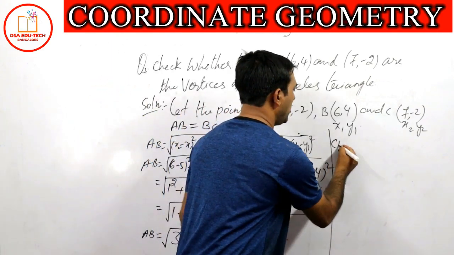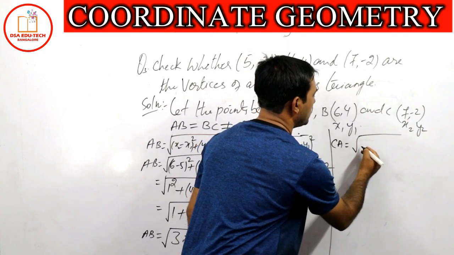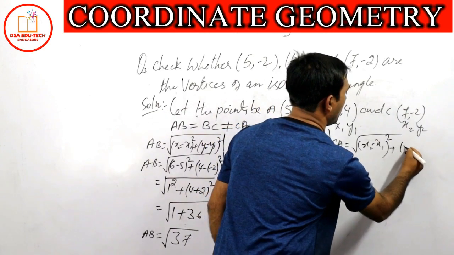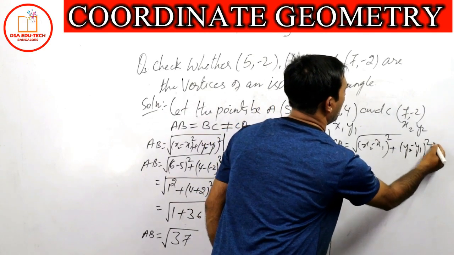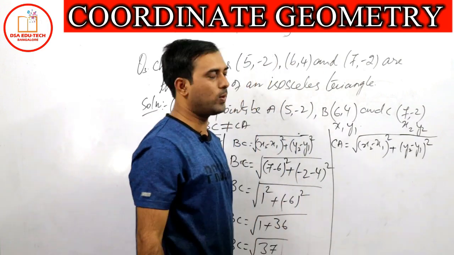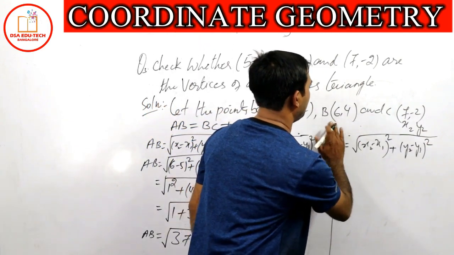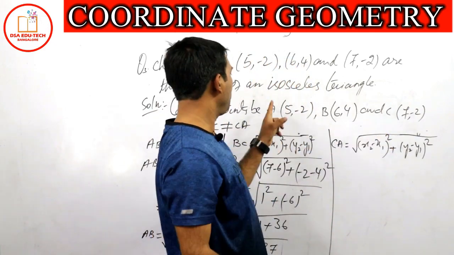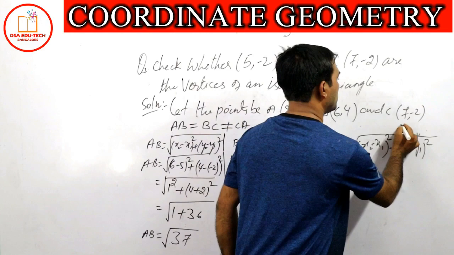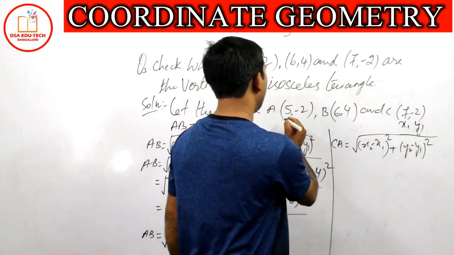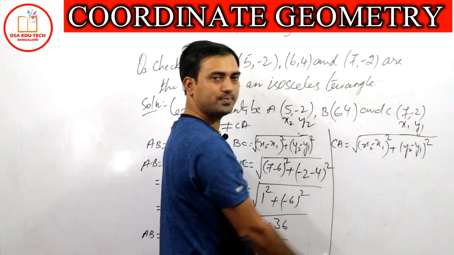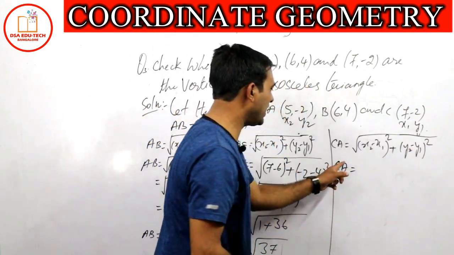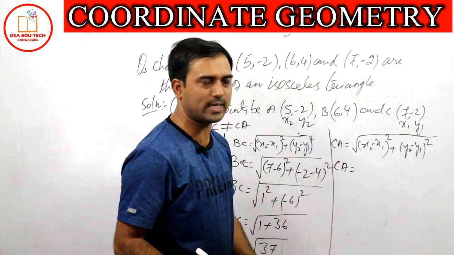CA. CA equal root under the same formula, x2 minus x1 square plus y2 minus y1 whole square. Again I'll erase this because the points have changed now. C is the first point and A is the second point. So C will have the x1 y1 value and A will have x2 y2. Clear? Even if you don't write CA every time it's okay, you can just put the equal sign.